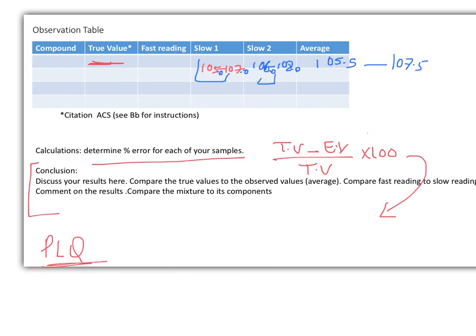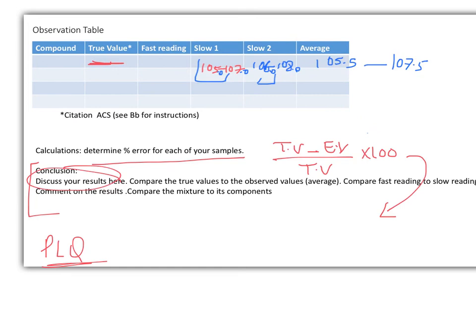So recall what I said on day 1 of class. Conclusion answers what you were seeking under aim. So the aim of this experiment was to determine the melting points of known and unknown compounds. That is the result. So you need to discuss your results here, and don't just retabulate your data, but talk about it. Talk about each compound.